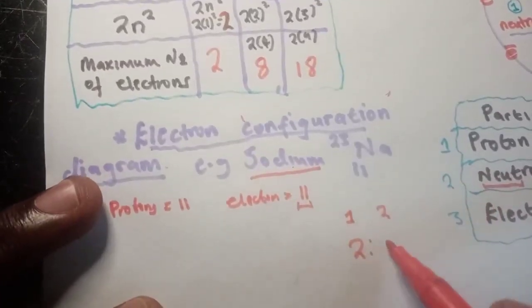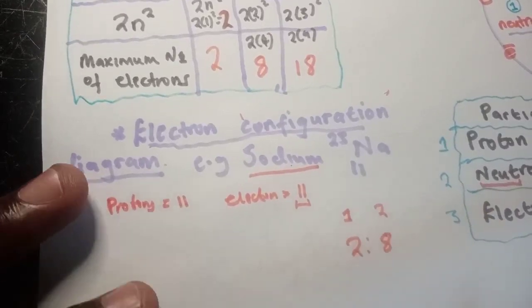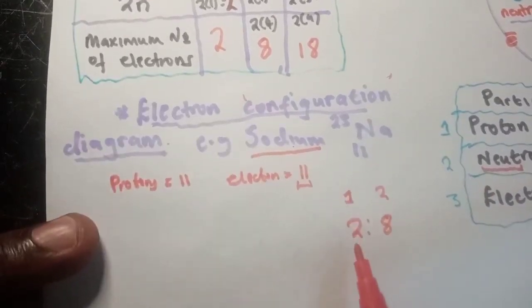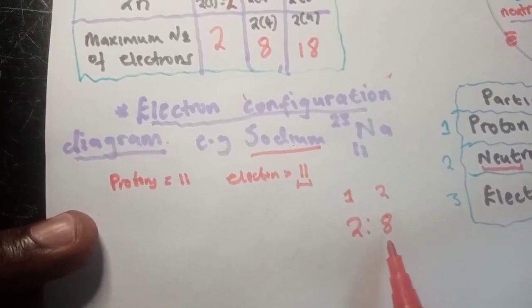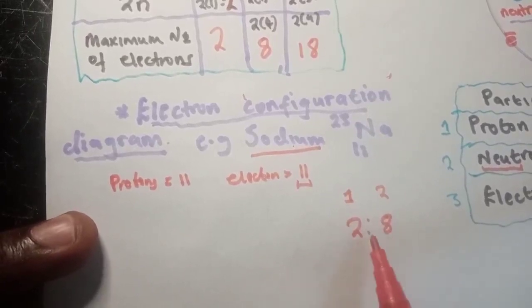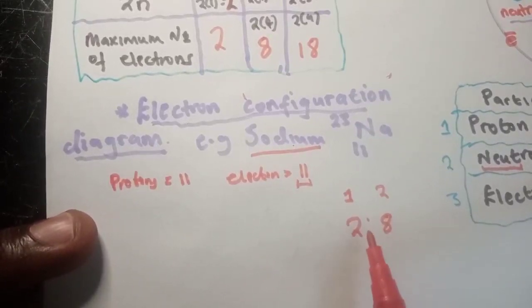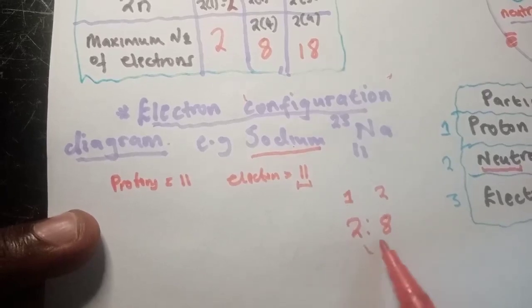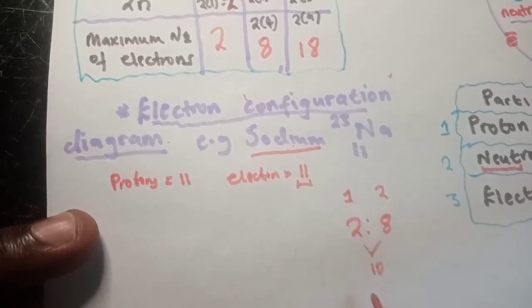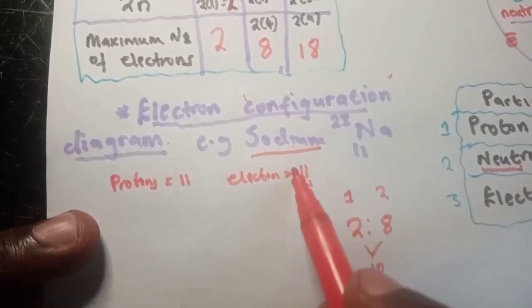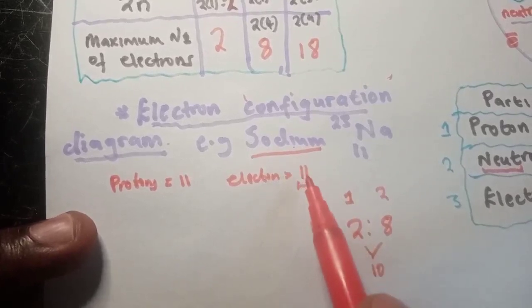If you add shell number 1, 2, and shell number 2, 8, what's your total? You already have 10. But the number of electrons in sodium is 11.